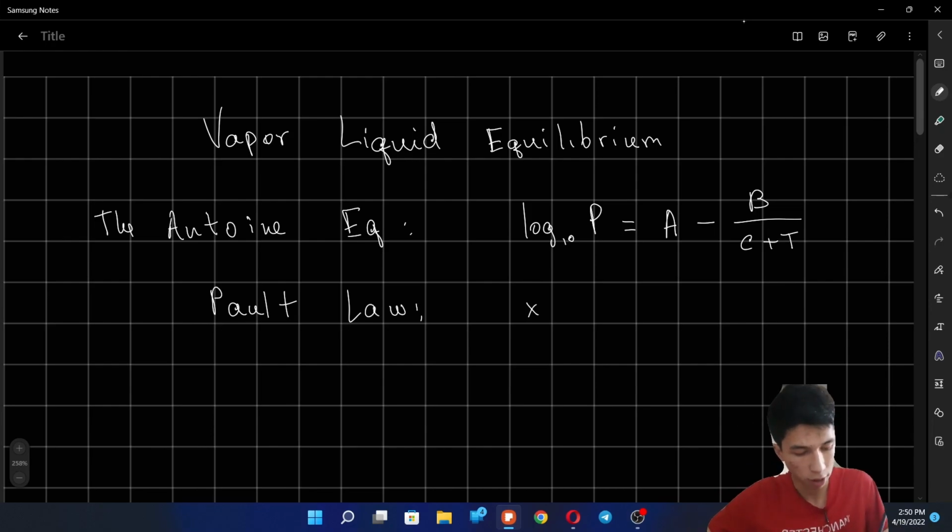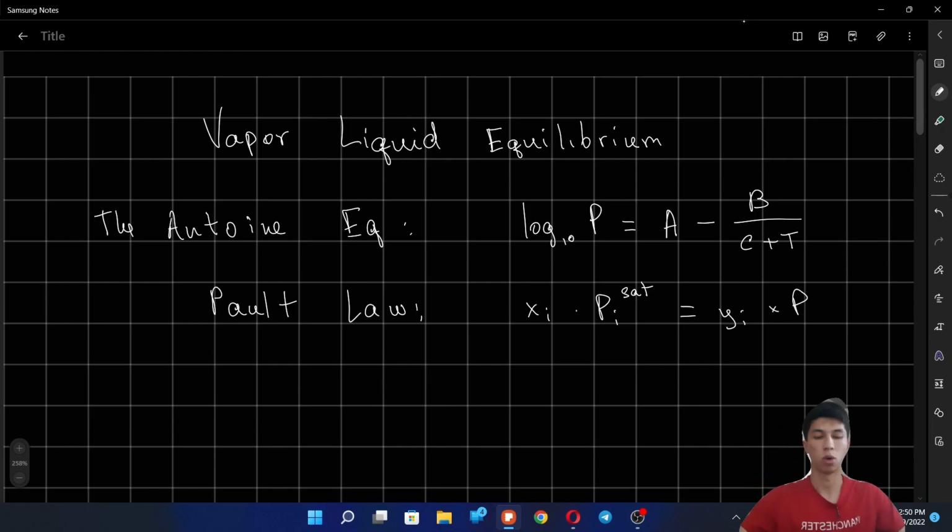It has the equation Xi times Pi saturation equals Yi times P. What Raoult's law states is that the mole fraction of a component in the liquid phase, Xi, times the pure saturation pressure, PiSAT, should be equal to the mole fraction in the vapor phase multiplied by the total pressure, which is the sum of all the partial pressures.